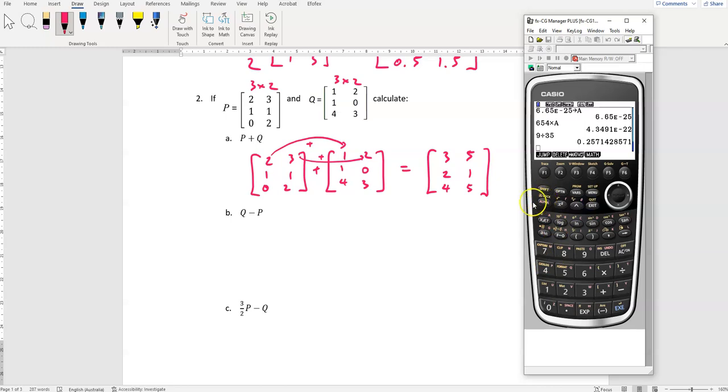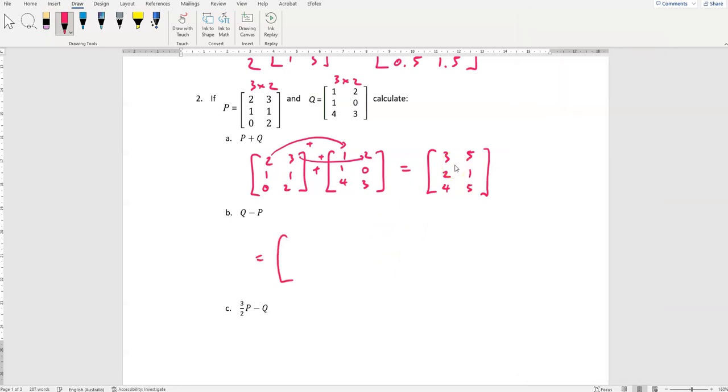Now, Q take P has to be, in this place, B. So I've got matrix B minus matrix A. And this answer should be -1, -1, and so on. So using the graphics calculator, that's the G. Alright, and that gives you -1, -1, 0, -1, 4, 1, and end that bracket.